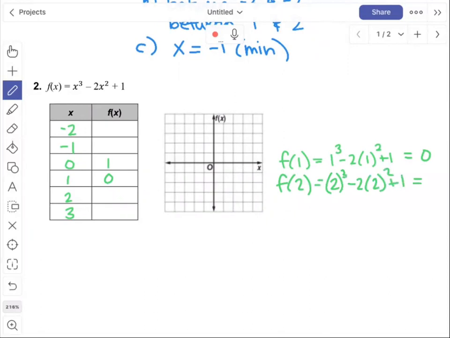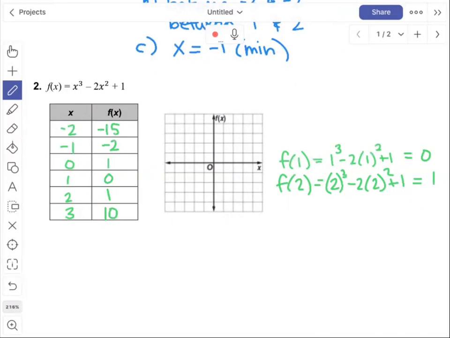So that's 8 minus 8 plus 1 gets me +1. All right, and then you just keep doing that with all the different points. I got 10 when I plugged in 3. I got -2 when I plugged in -1. And I get -15 when I plug in -2.